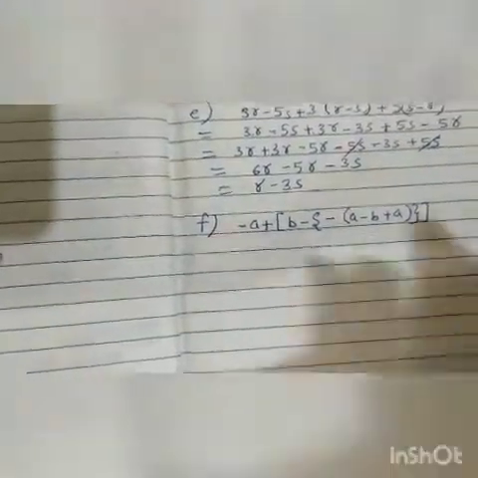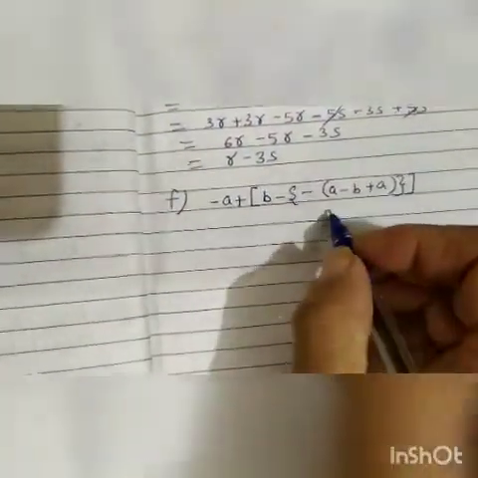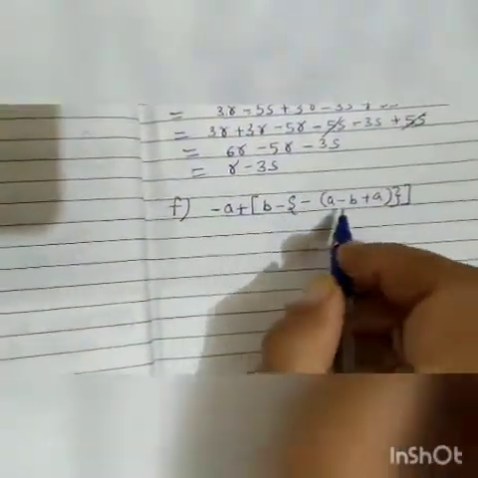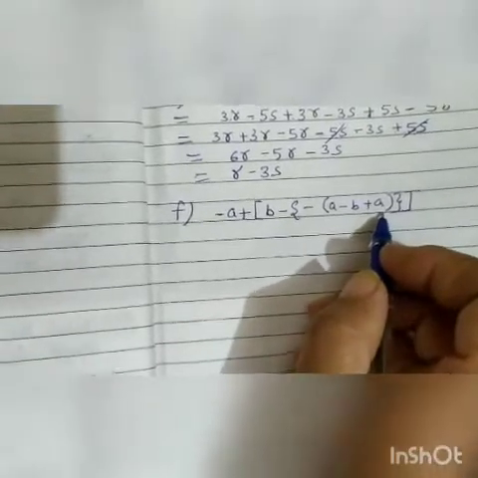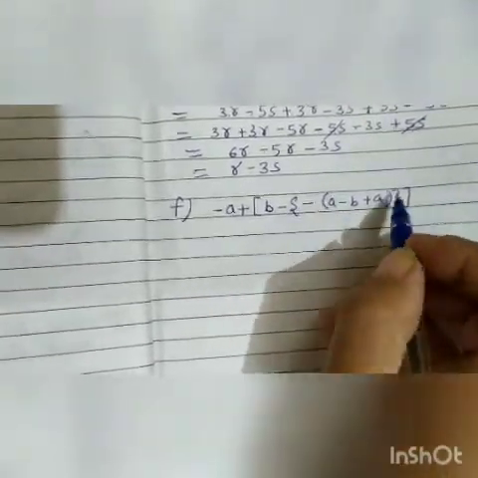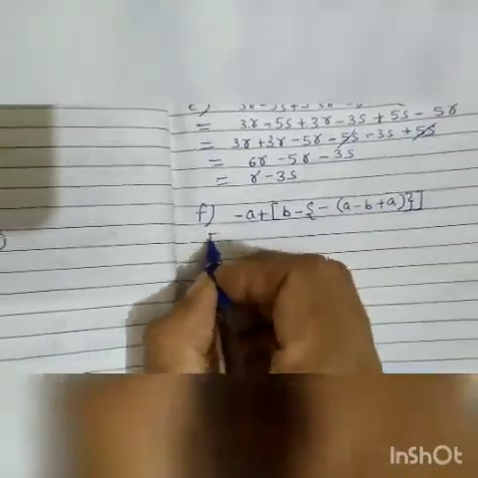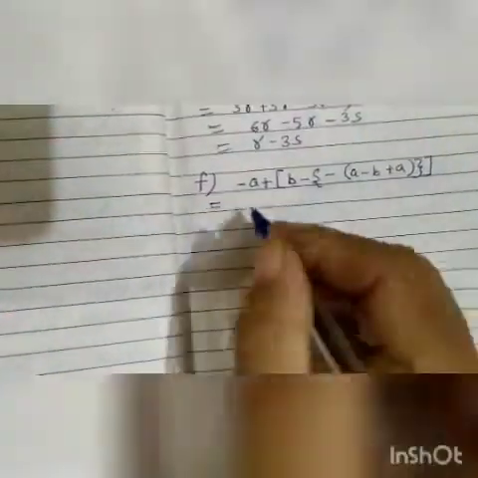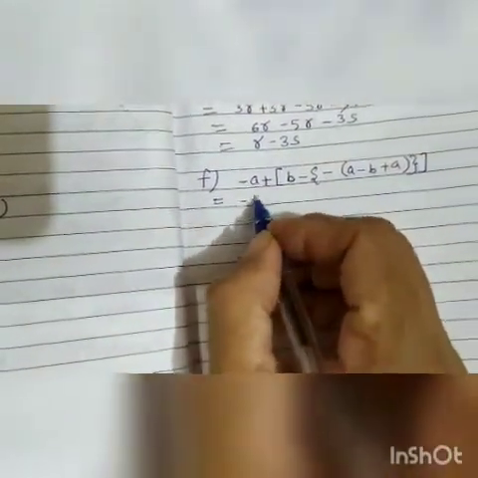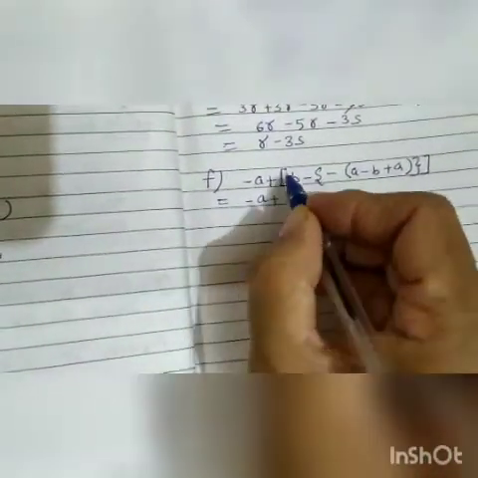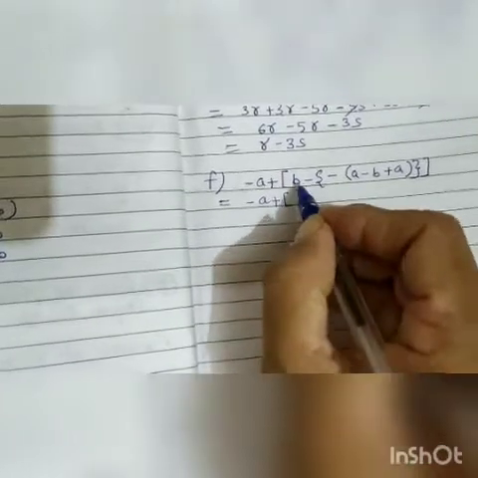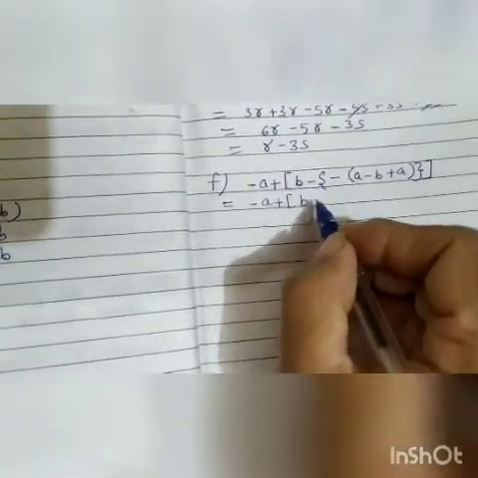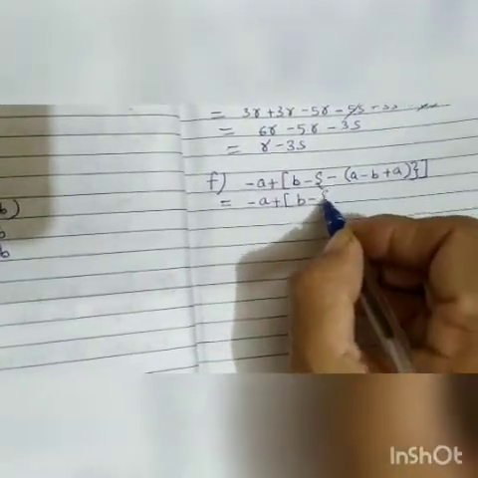Again I have written this question here. So students, when we have all these three types of bracket in one question, first we will solve this round bracket. The rest of the question will be written as it is. We will write minus a plus as it is, then this rectangle bracket, then b minus, then this flower bracket.